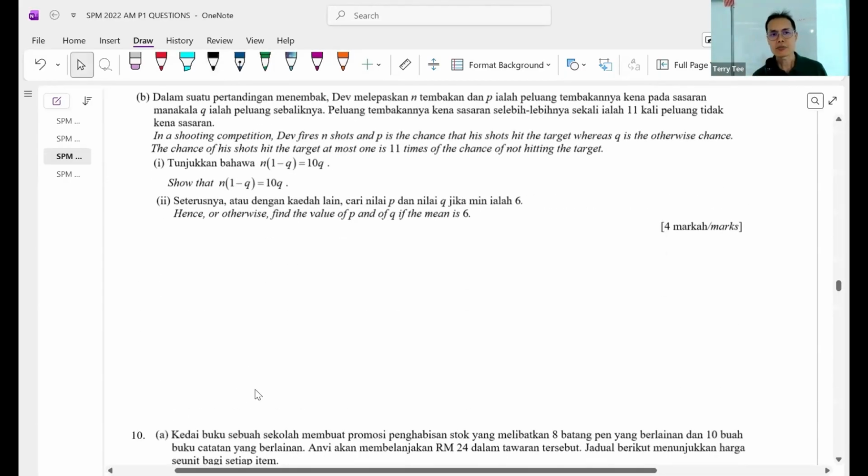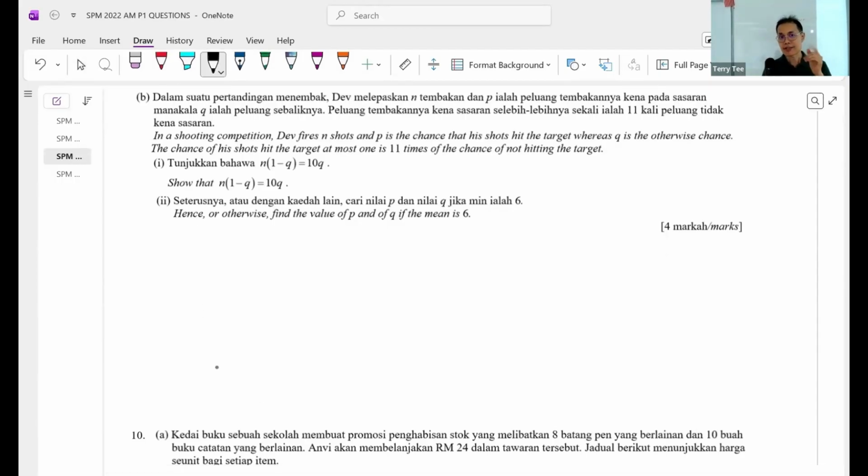Right, now let's move on to part B. In the shooting competition, Dennis shoots n times, and p is the chance that his shot hits the target, but q is the otherwise chance. I would say q is the probability that he didn't hit the target, to be exact. So the better word to use is probability.